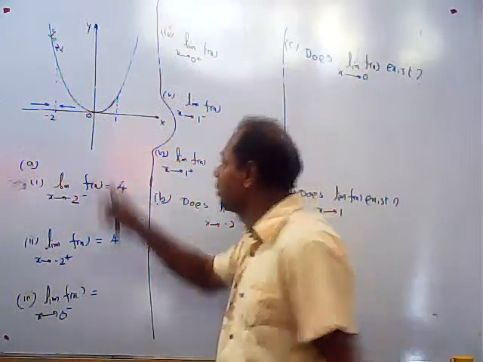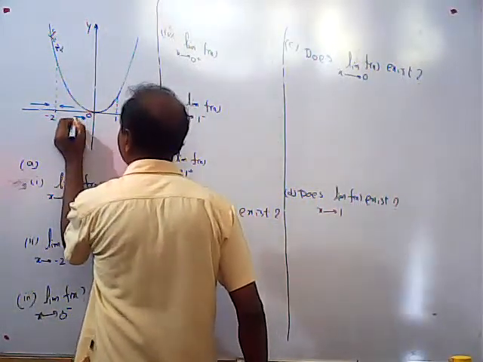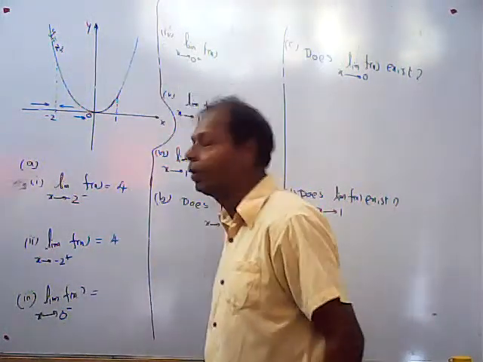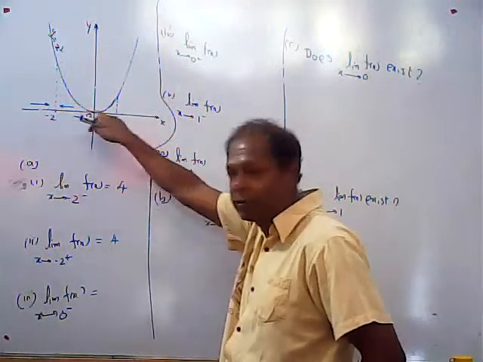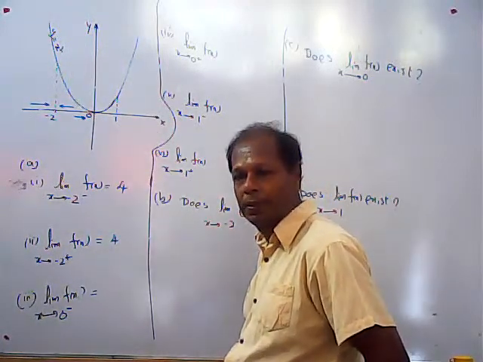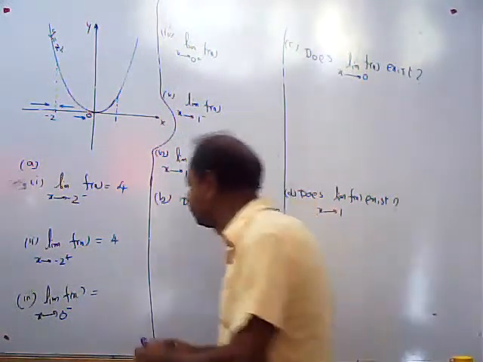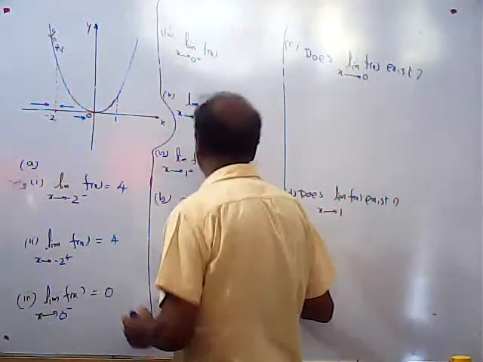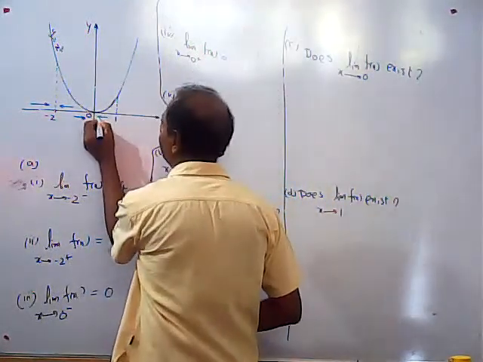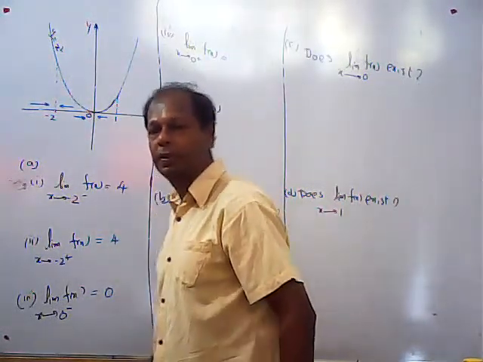Then the left limit at 0. You get closer to 0 from the left hand side. There goes the function. As you get closer to 0 from the left hand side, the function goes to 0. Yes, correct. The right limit at 0.